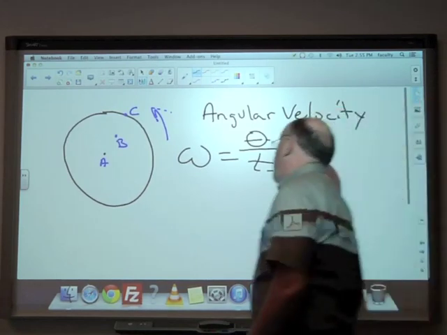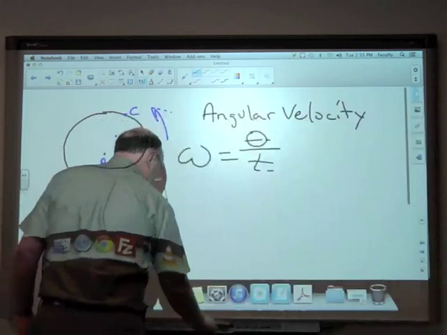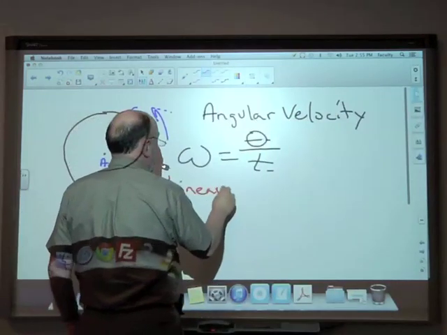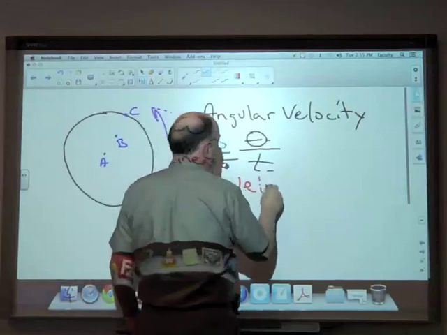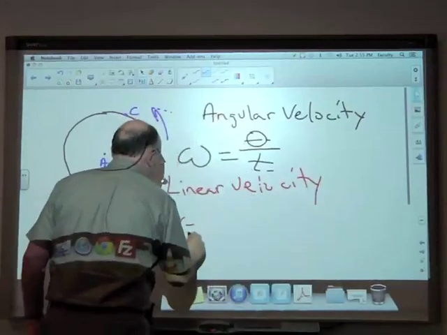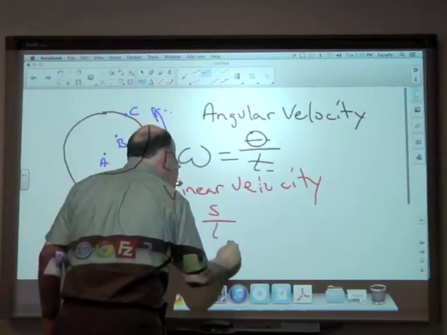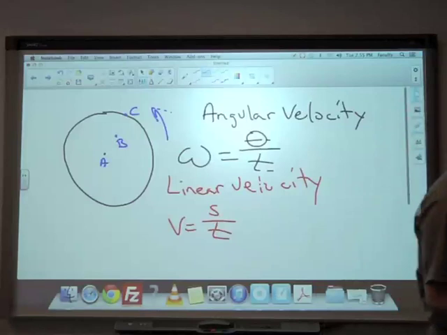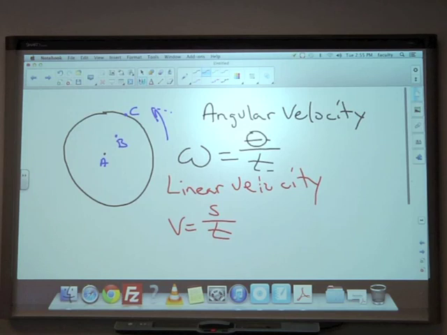So we have angular velocity. We can also look at linear velocity. Linear velocity is given by v equals s over t, s being the arc length, which we had before.